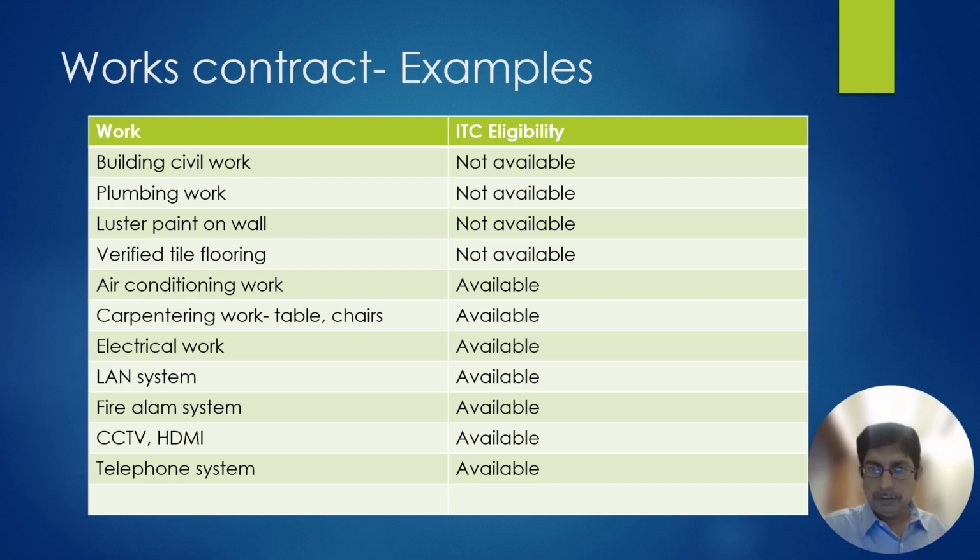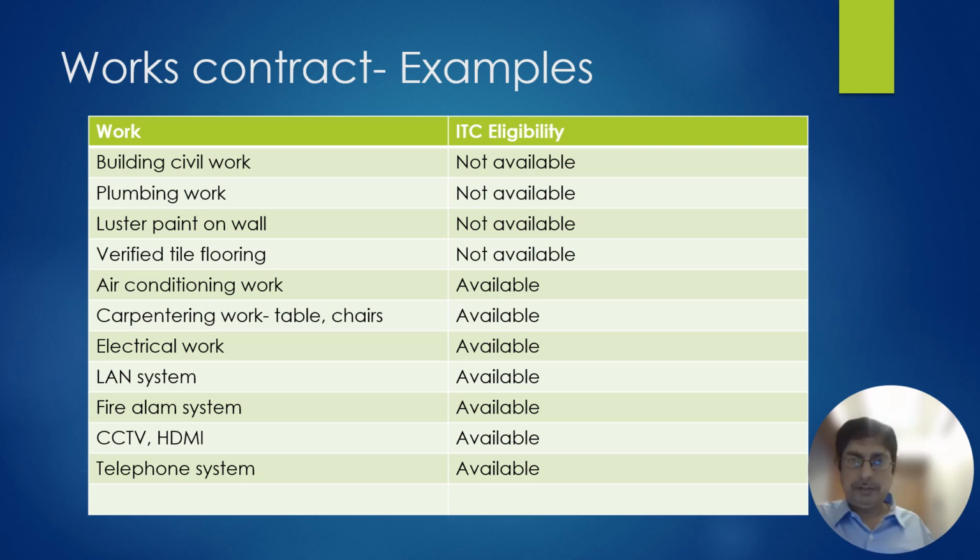Plumbing work, it is fixed. You cannot remove it without damaging that plumbing or without damaging that property. Therefore, the GST credit is not available. Lustre paint, again, it is fixed on the wall. You cannot remove it. Therefore, the GST credit is not available. Vitrified tile flooring, yes, GST credit is not available because it is fixed.